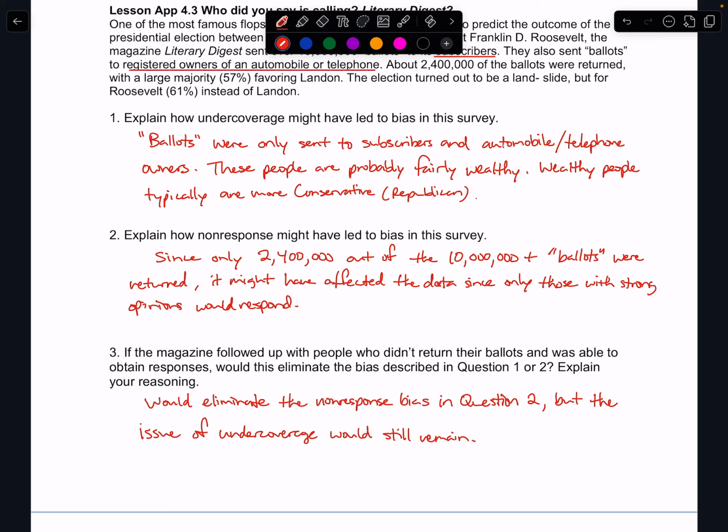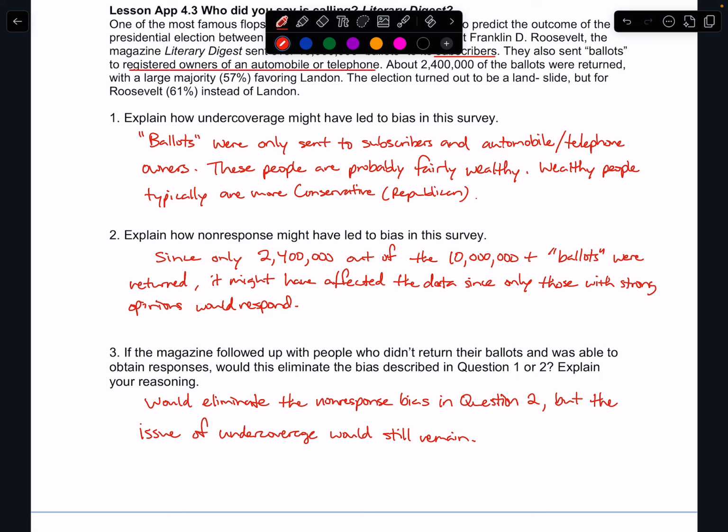There are still people who would not be capable of even receiving these ballots. If you didn't own a phone, if you didn't own a car, and you weren't subscribed to the magazine, you could not have possibly gotten this ballot. And so there's a whole chunk of the population that just never gets a chance to respond.